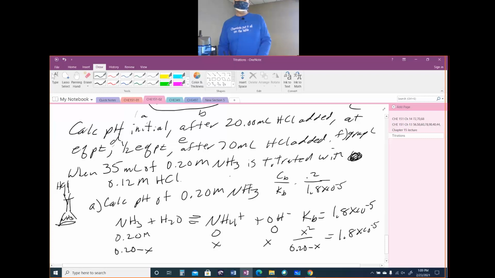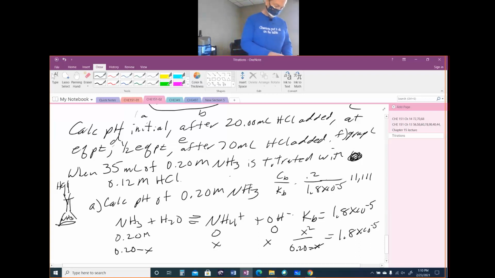When you take that, you get 11,111, so it is greater than 1,000. So you neglect x, you don't have to check it. We can just eliminate the minus x because our value is greater than 1,000.